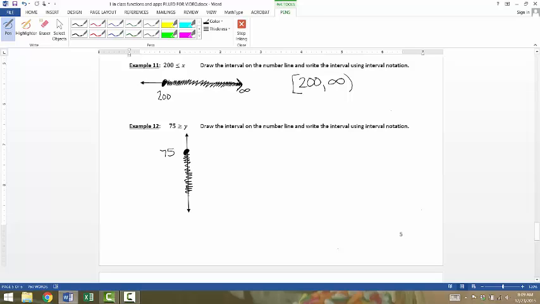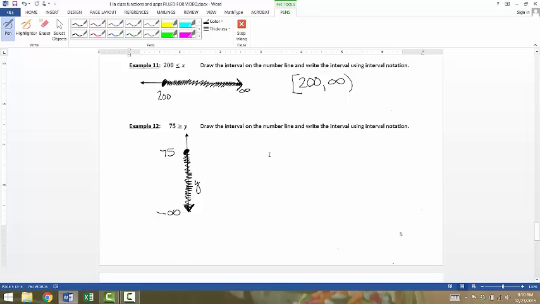So I shade below 75 all the way down. 75 and lower is the y value. So this time, if you think about what goes down here, this would be negative infinity. Down, down, down, diverging down towards negative infinity.